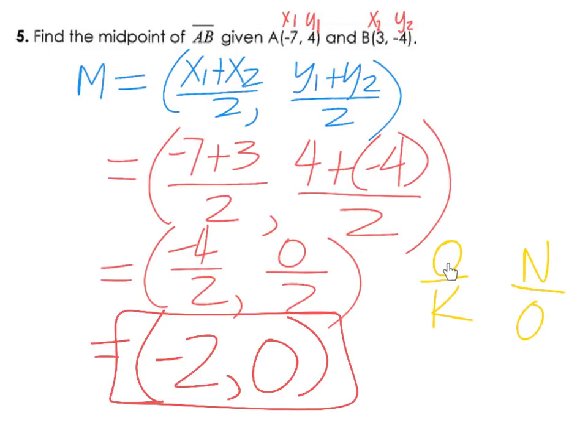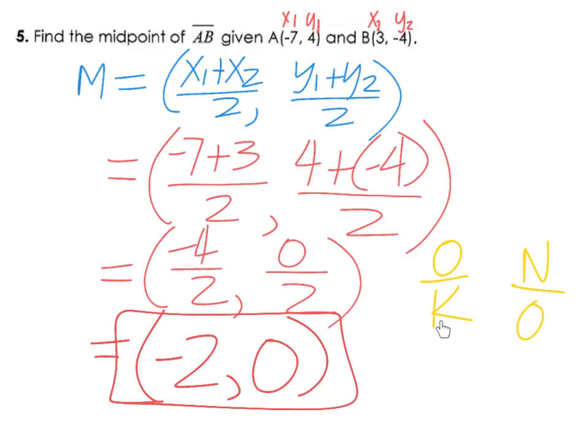If 0 is on the top, it's okay. That means you can do it. You always get 0. If 0 is on the bottom, nope, you cannot do it. It's a no-no. If you have anything divided by 0, you get undefined as your answer. Or if you plug it in your calculator, you would get an error.